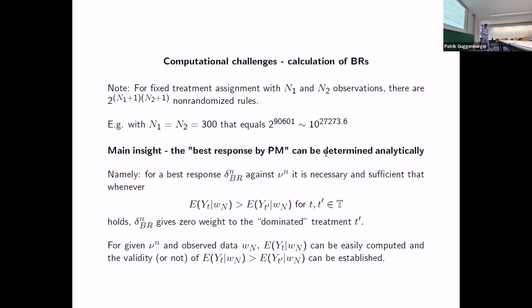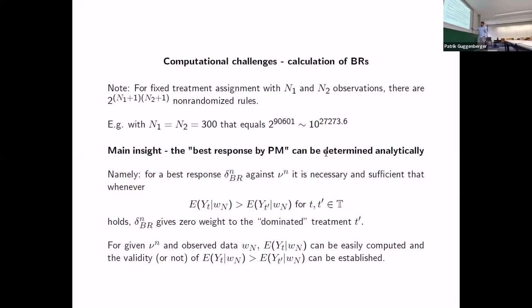And the trick is just the trivial observation that for a best response by the policymaker against a current mixed strategy by nature, it is necessary and sufficient that whenever the conditional expectation of yt given the sample strictly exceeds the conditional expectation of yt prime given the sample for two treatment possibilities t and t prime, then it must be the case that the best response gives 0 weight to the dominated treatment t prime. That's trivial by the law of iterated expectations.